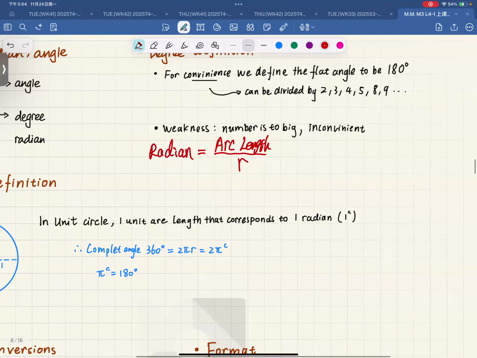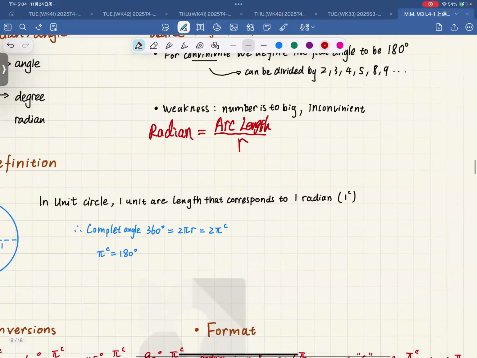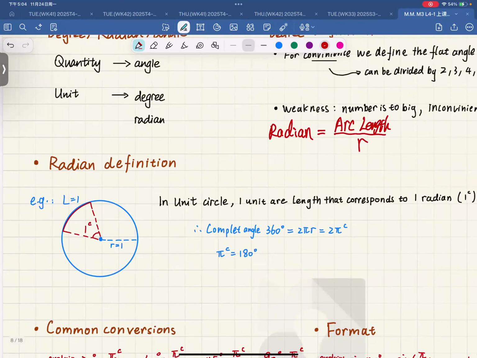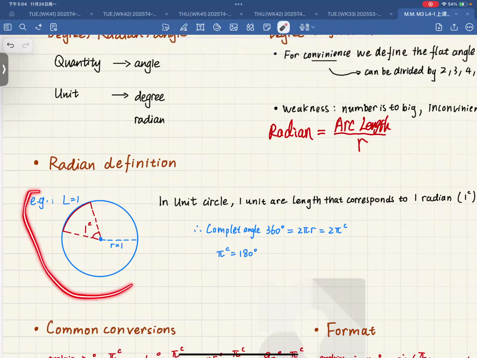Let's have a look. How do we convert radian to degree? Basically, if we have a circle here, how do we find the circumference of the circle? It's 2 pi r, right?